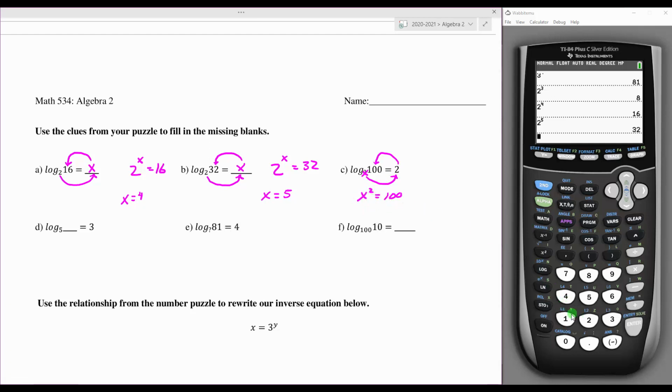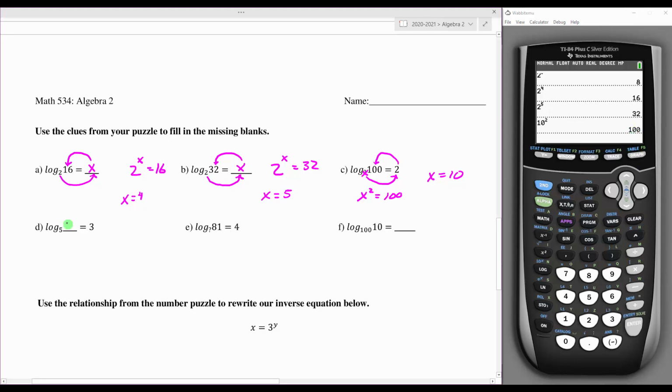The number that you would raise to the second power to get 100 is 10, so x equals 10. You can test it out the same way: 10 to the second, and you see you get your 100.